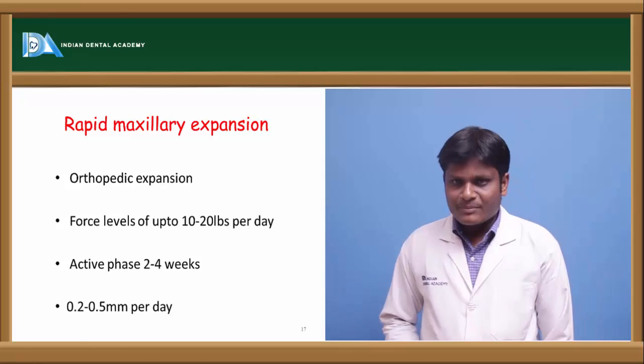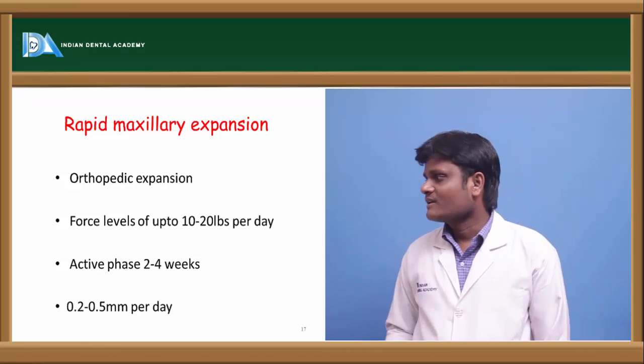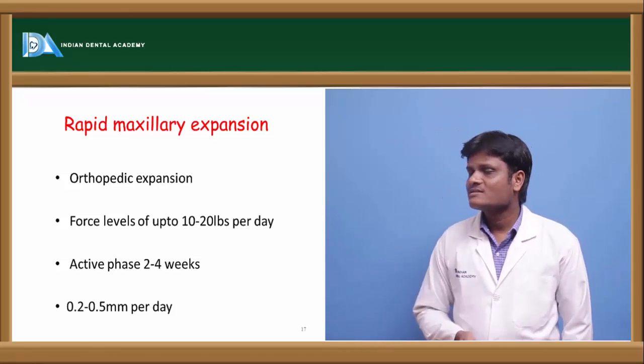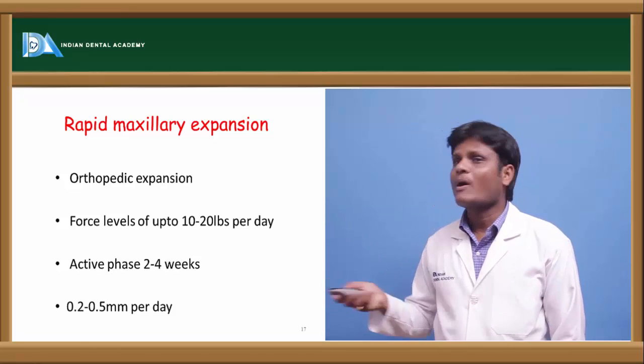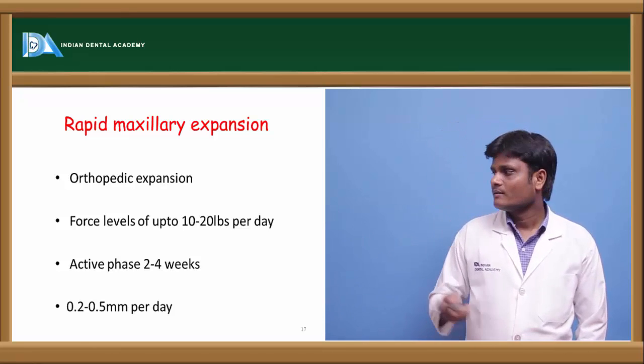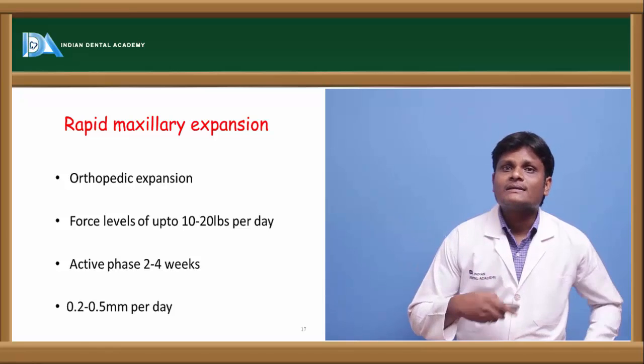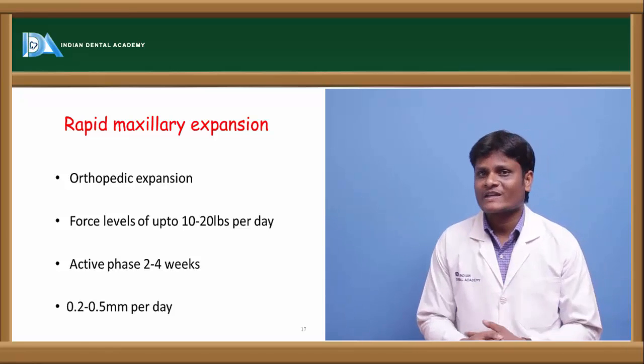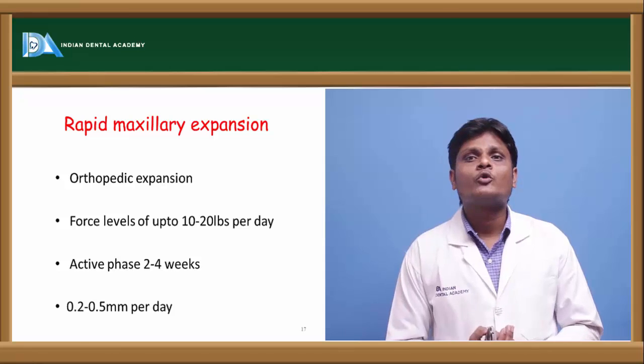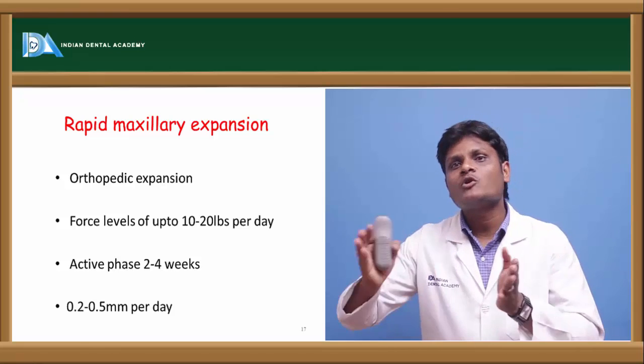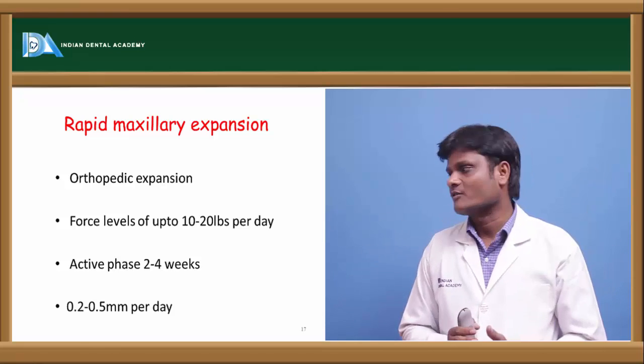So when we look into rapid maxillary expansion, it is an orthopedic expansion, and the force levels are 10 to 20 pounds per day. The total process of expansion will be completed within a period of 2 to 4 weeks, depending upon the amount of expansion that is needed in that particular individual.